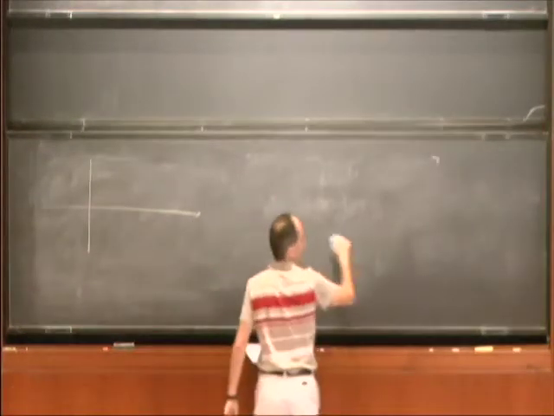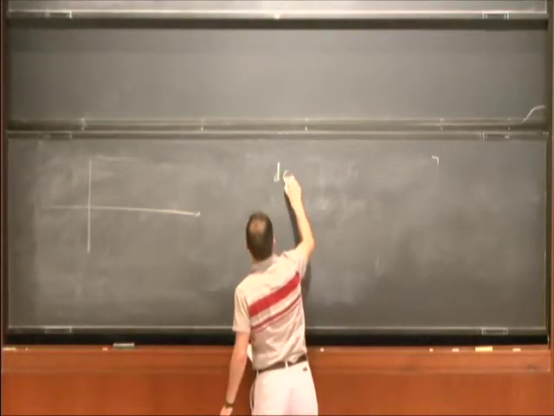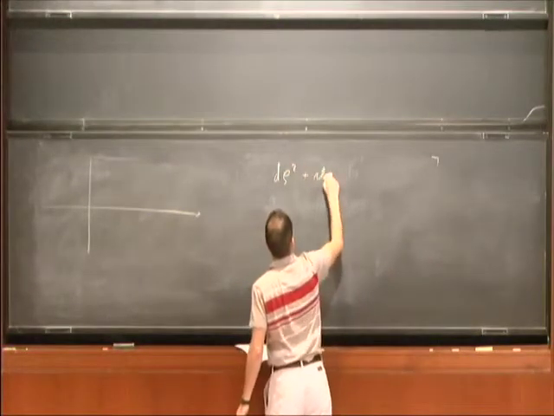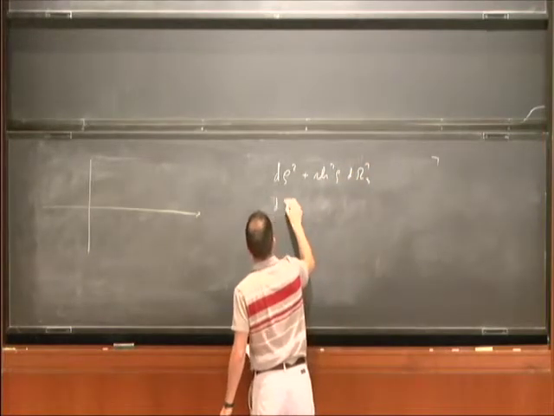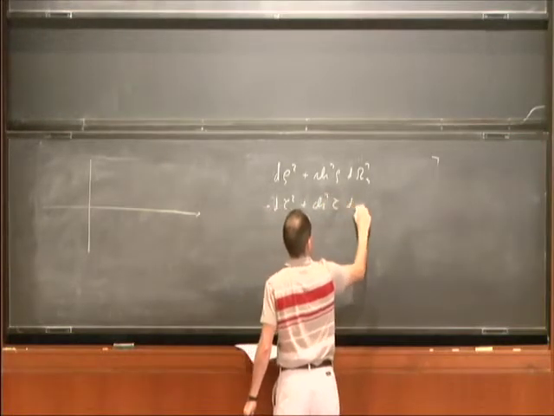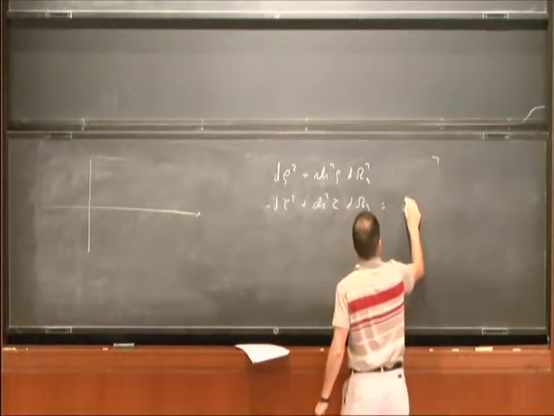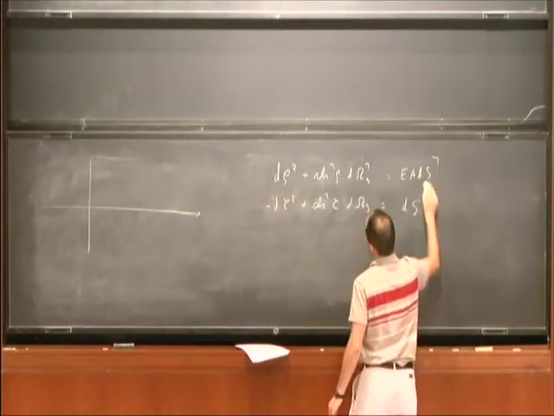So we had the metric there of AdS. Let me just copy it here. dρ² plus sinh²ρ dΩ₃². We had dτ² plus cos²τ dΩ₃². This is ds². This is Euclidean AdS, or hyperbolic space.